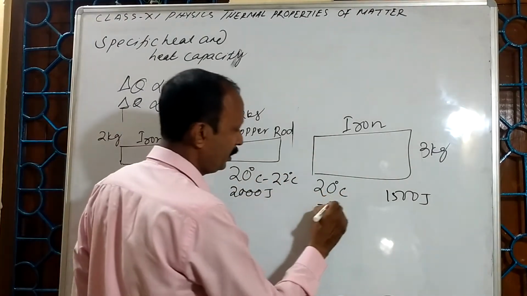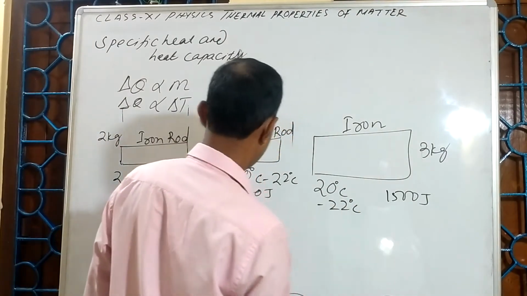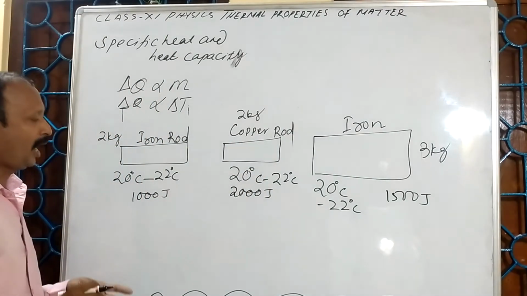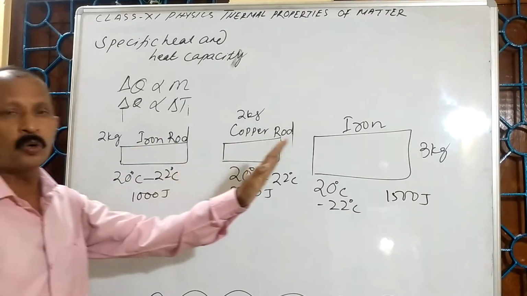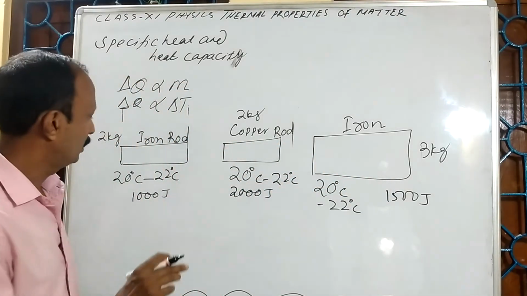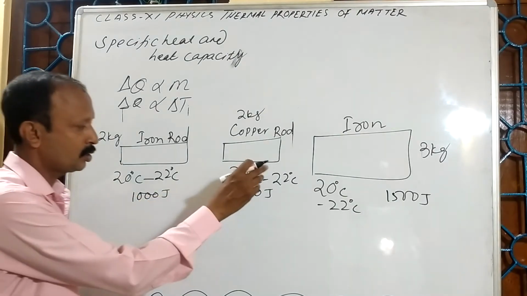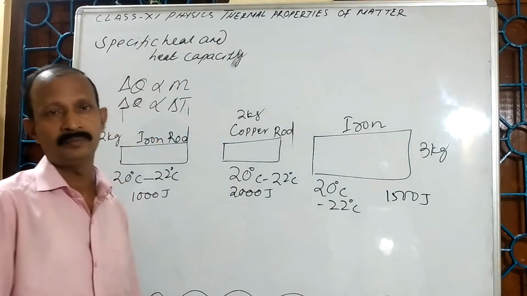Here is 22 degree, here also 22 degree, here also 22 degree. In 3 cases I supplied the heat to reach the temperature of 22 degree. But I supplied here 1000 joule, second case 2000 joule, third case 1500 joule.